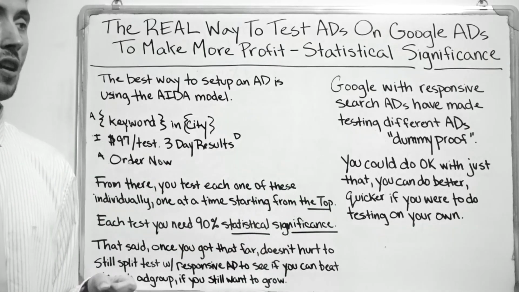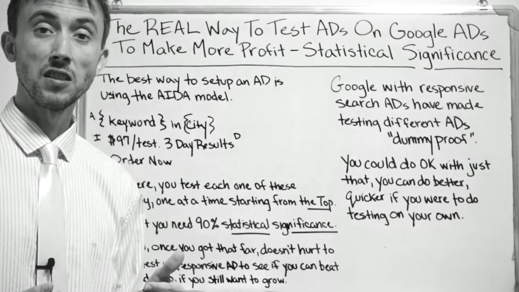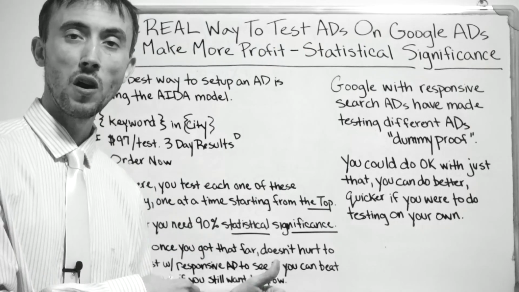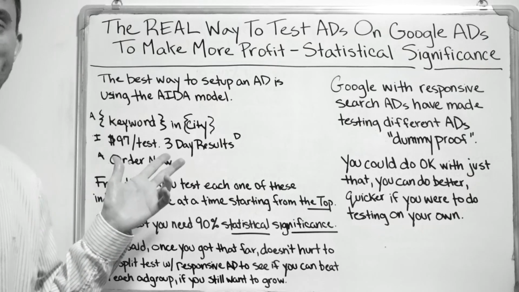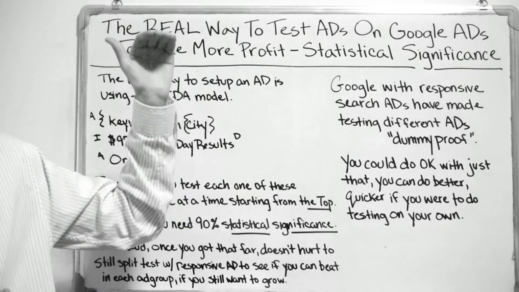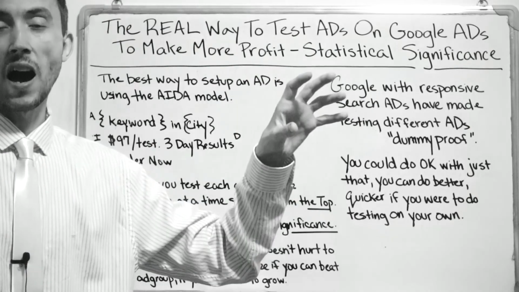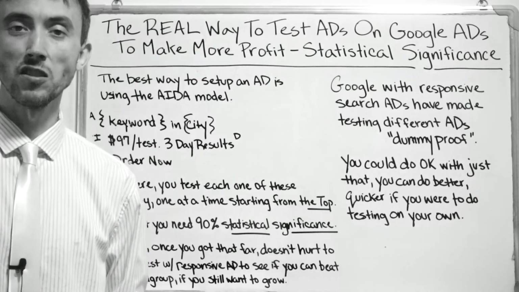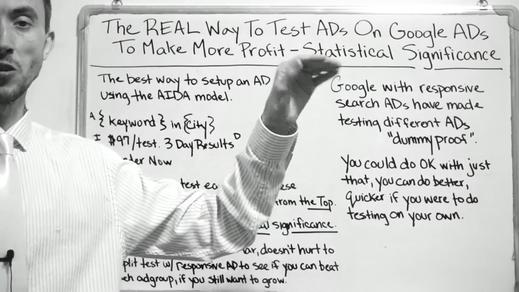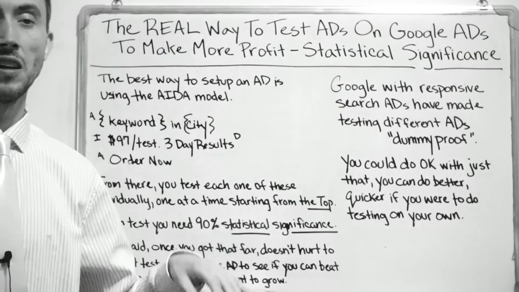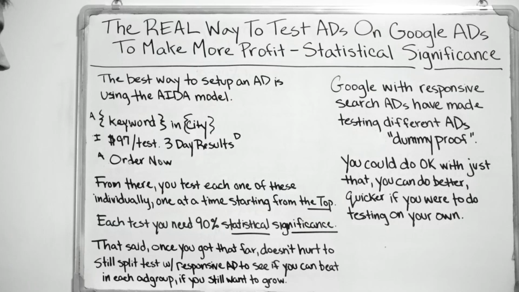You need a certain minimum amount of data on your test to know if your test ad is better than your control ad. Otherwise, you're going to make mistakes, and you're not going to end up with the end result I'm talking about, where you're for sure going to end up with lifelong highest possible click-through rates on your ads in your account, which are going to give you more of the market share of the people searching, but way less cost per click, and you're going to get shown way more by Google's ad system.